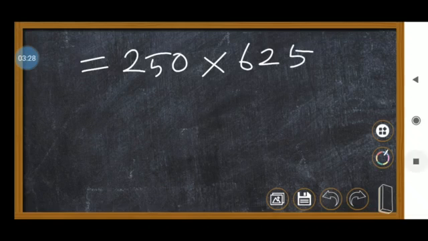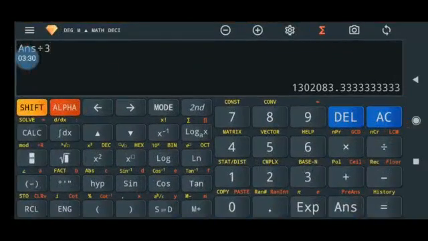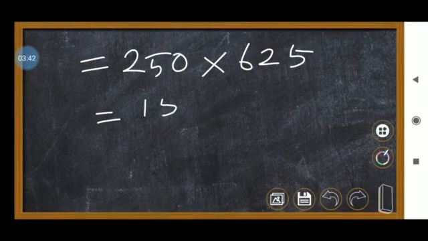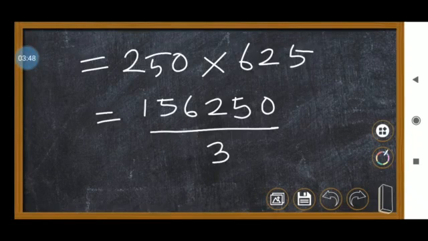So 250 into 625 is 1,56,250. This is in terms of divided by 3, because we are multiplying the numerator value alone, not the denominator, so the denominator stays 3.